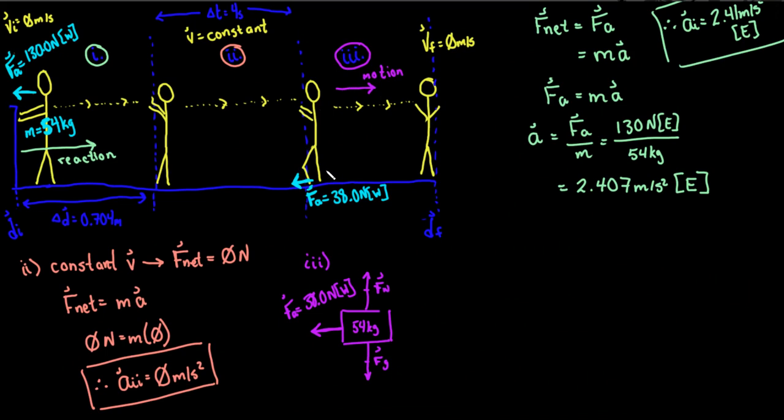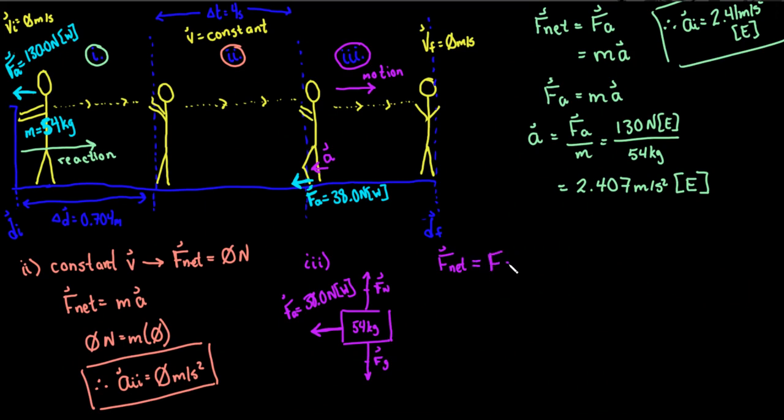because of that applied force going west, we know that his acceleration is also going to be going in that direction. Okay? And then just as we did in that first portion, we can solve for the net force acting on him. You'll notice that because we're ignoring friction, there are no other forces acting on him at that point in time.